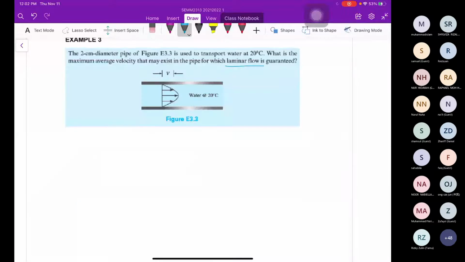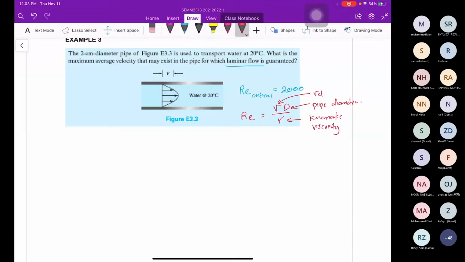The formula of Reynolds number is velocity times diameter over nu. This nu refers to kinematic viscosity. This is the velocity and this is the pipe diameter. To make sure laminar flow is guaranteed, we must make sure it is within 2000.